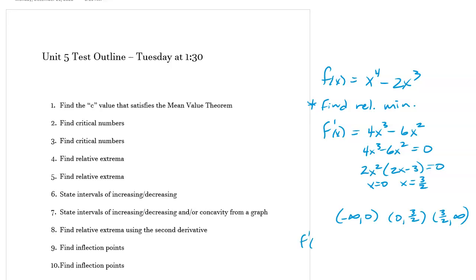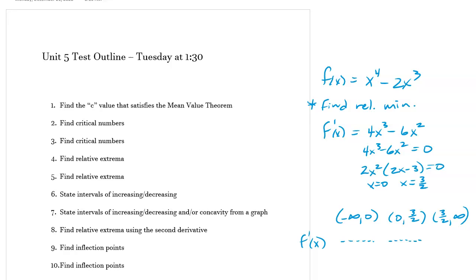And if I test my numbers in the derivative, which is 4x cubed minus 6x, if I plug negative 1 into my derivative, I'd get negative 4 plus 6, which is positive. If I plug in 1, I'd get 4 minus 6, which is negative 2.